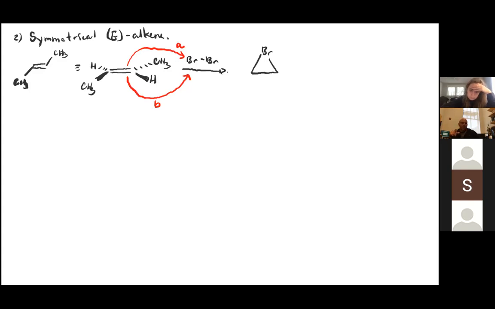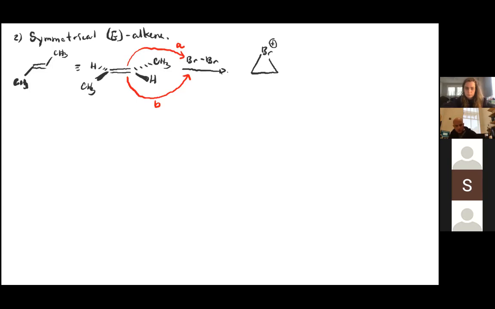I'm going through it so you can, step by step, arrive at the stereochemical outcome. But as you get more comfortable, initially, yes, draw everything out and work through it slowly. As you get more comfortable with it, you can start to condense it and get to the answers quicker, okay?